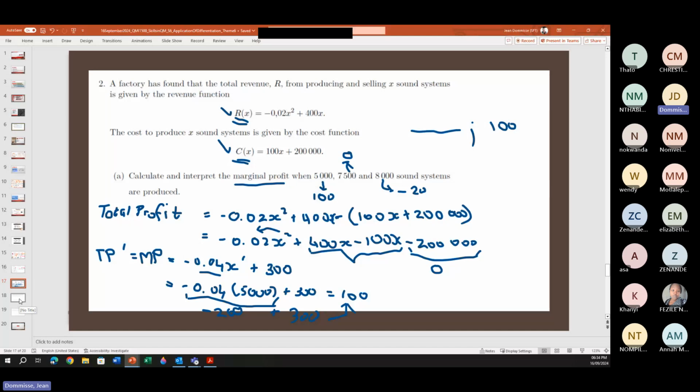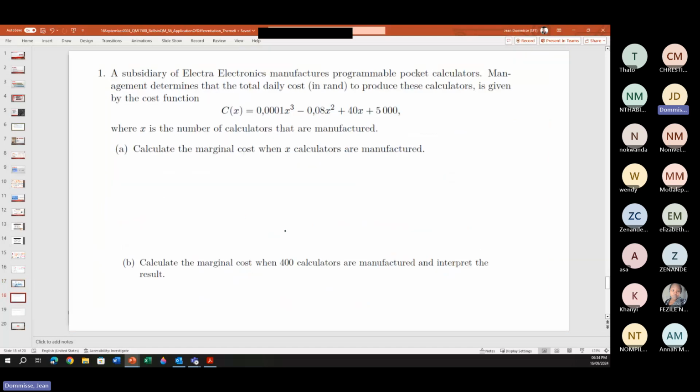Okay, so let's go into the next question. So now they say, a subsidiary of Electronics manufactures programmable pocket calculators. Management determines that the total daily cost to produce these calculators is given by the cost function, where x is the number of calculators.